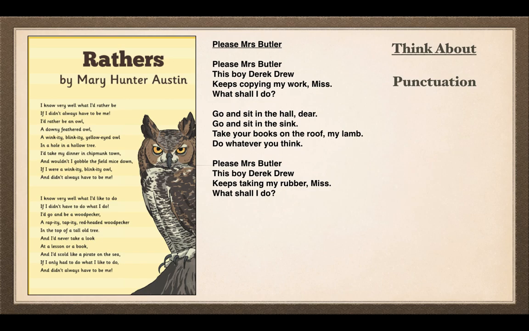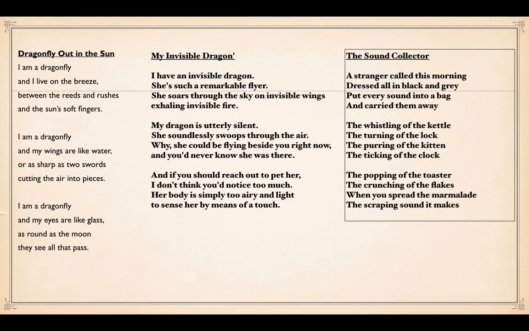Think about the punctuation. How does the punctuation affect your poem? Because you can see that if we go back, they are all punctuated in a different way. And of course, I think The Sound Collector stands out the most.